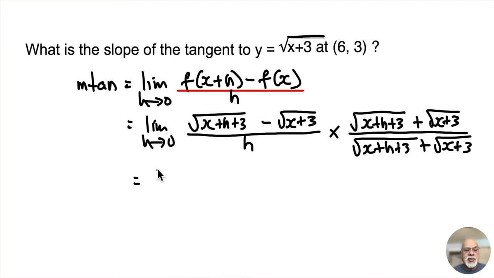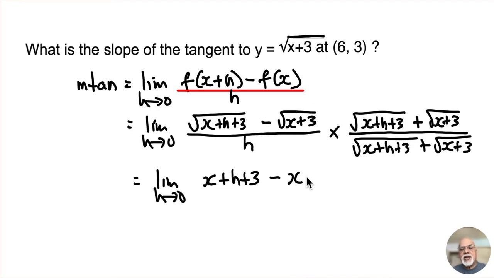However, the numerator turns out to be nice. Recall that the top looks like a minus b times a plus b, which gives us a squared minus b squared, right? A difference of squares factors. And so I end up getting the first thing squared, which removes that radical sign. So there's the a squared part, x plus h plus 3, minus the b squared, which would be just x plus 3.